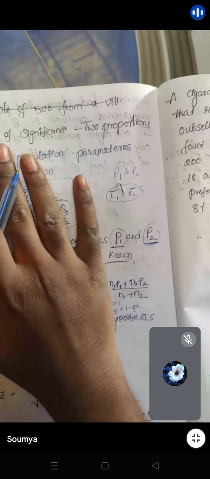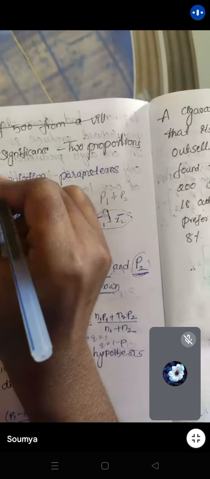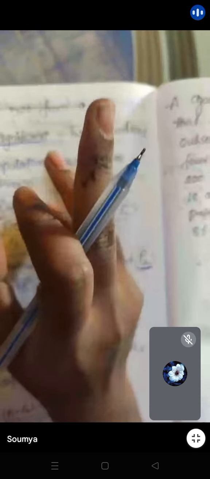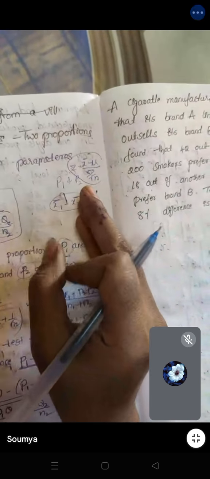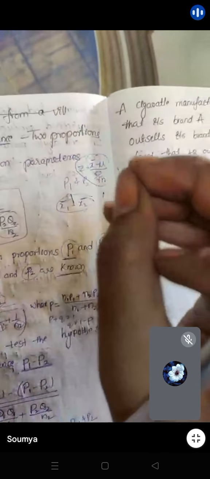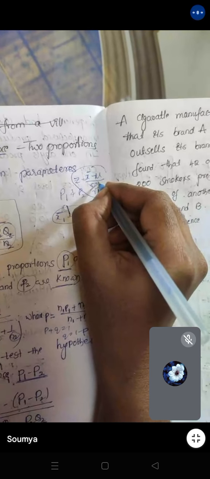So actually the test of significance here, we found already test of significance for single mean by using the formula x bar minus mu by sigma by root n. So this is the formula for single mean. Single mean means there is only one population, one sample. If they mention mean, average or such terms, you will go for this.